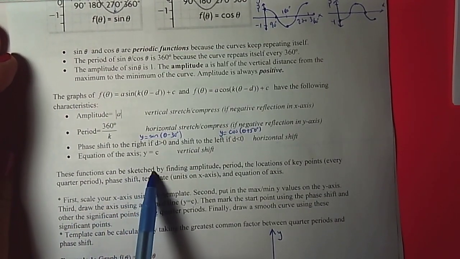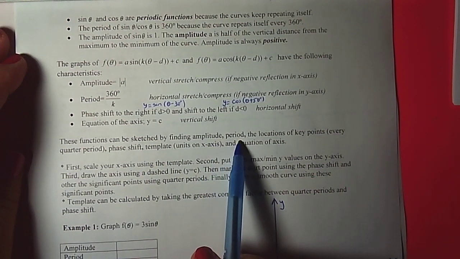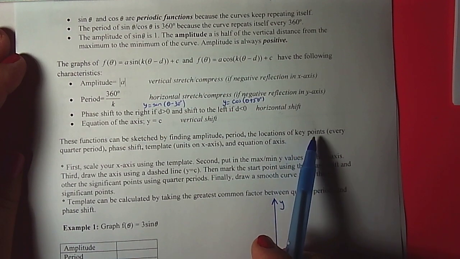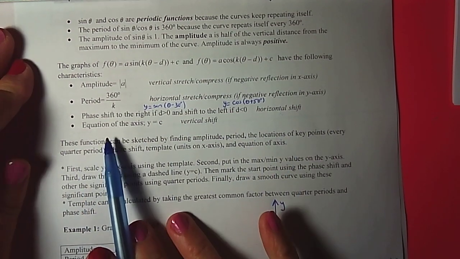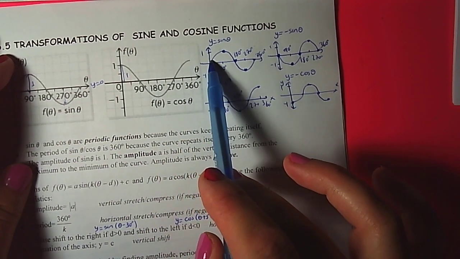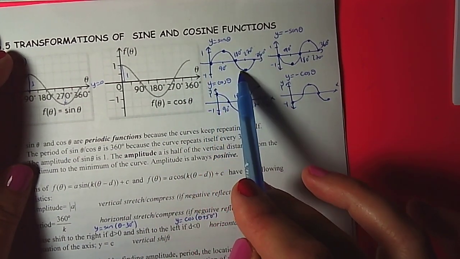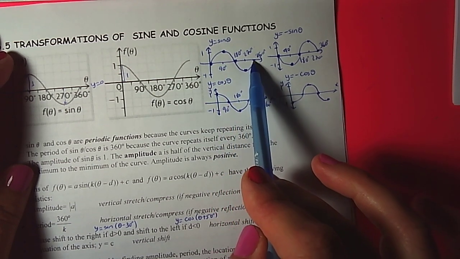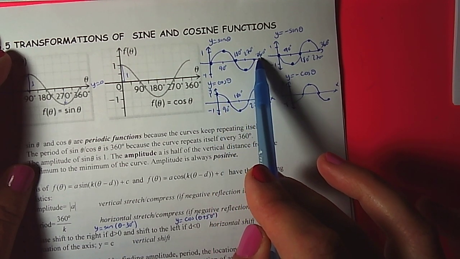These functions can be sketched by finding amplitude, period, and the locations of key points. Those key points are happening every quarter period, because we said that these key points are happening every 90 degrees, and one period is 360 degrees. So 90 degrees is 1/4 of 360 degrees.